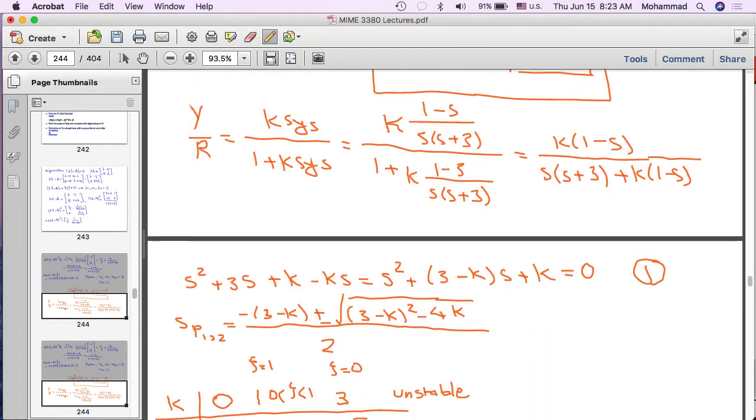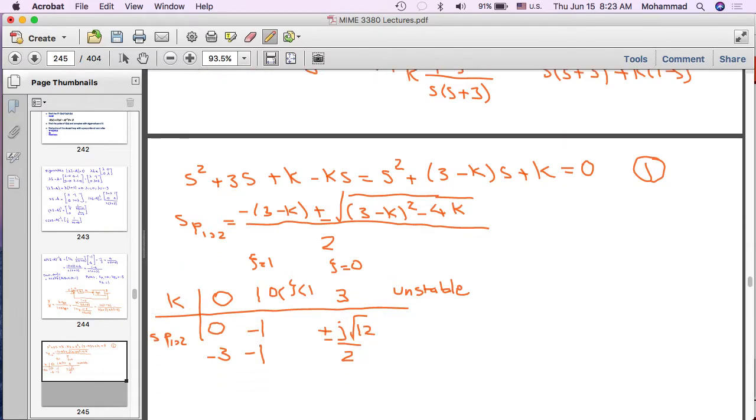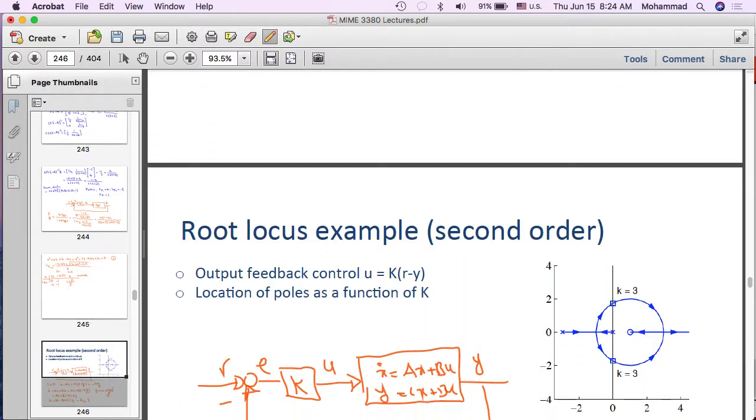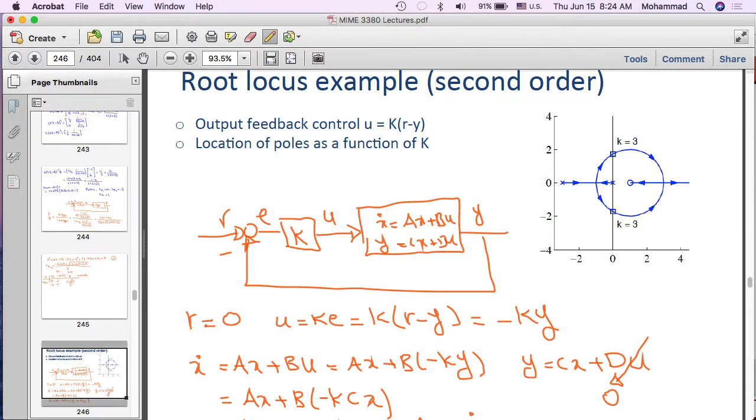We then found the polynomial for the denominator of the closed loop transfer function, and we found the location of the poles, and we created our little table and showed that when k was 0, we had 2 poles, and as k increased, the location of the poles changed. And basically, this is the root locus.